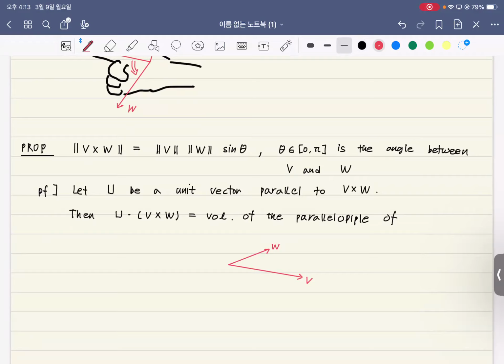by the right-hand rule, this direction would be V cross W, right? U is pointing in the same direction as V cross W, but it is a unit vector.